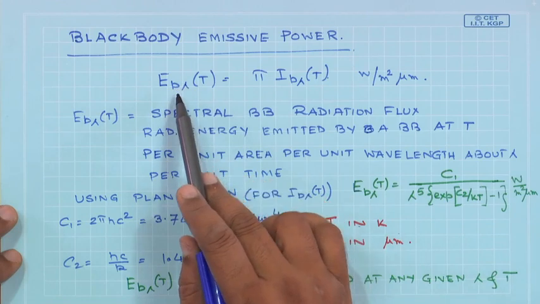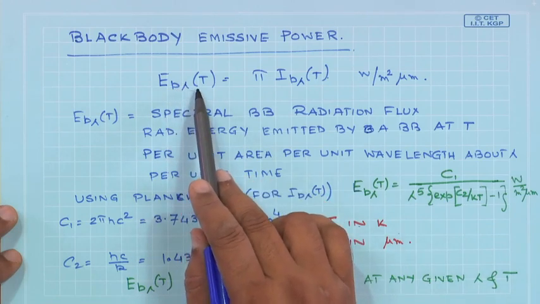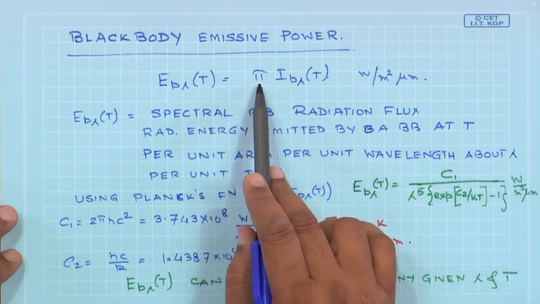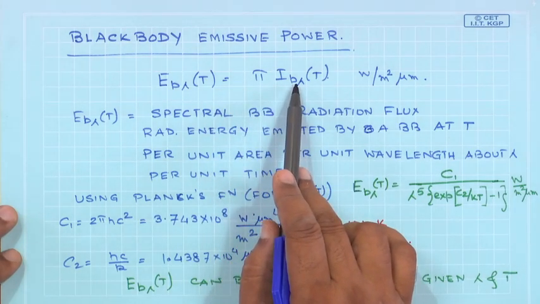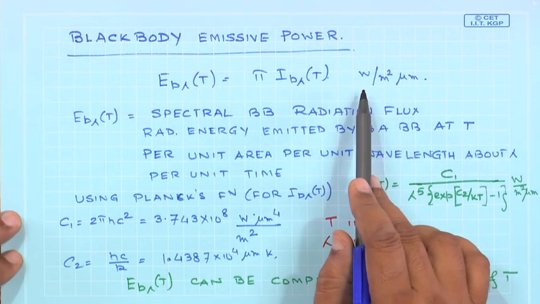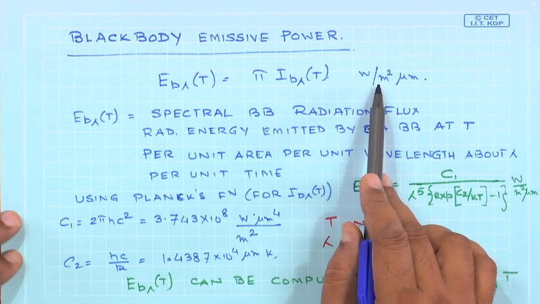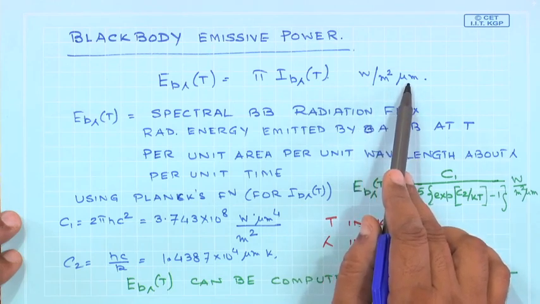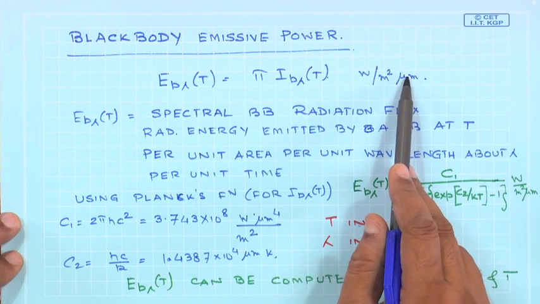So, the relation between the spectral blackbody radiation flux and the radiation intensity is simply that pi times the radiation intensity is the blackbody emissive power, which has units of watt per meter square per micron, where micron refers to the wavelength of the radiation.